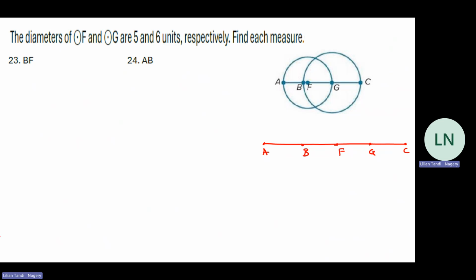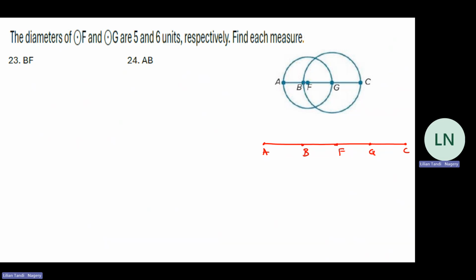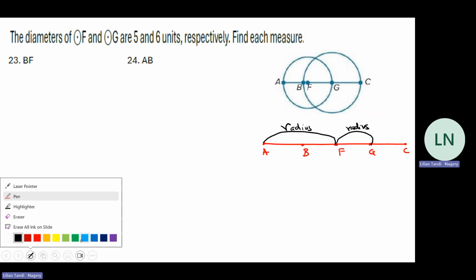Now ask yourself, in circle F, who is the radius? AF is the radius. The other radius is who? FG. So these two lines are radii. Then you take a different color for the other circle.